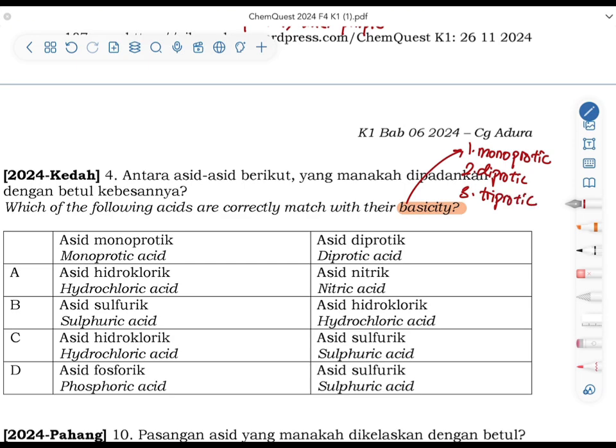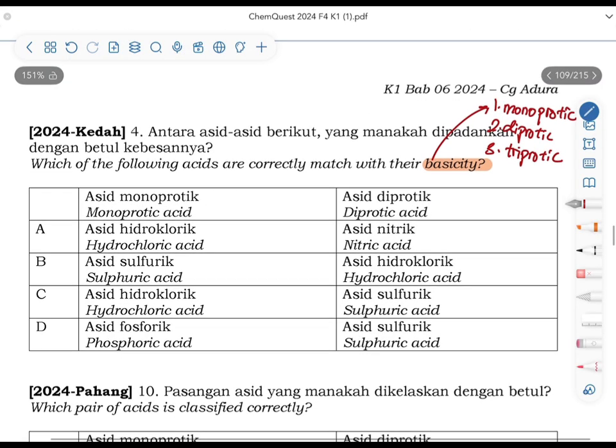Monoprotic acid means that 1 mole of the acid will produce 1 mole of hydrogen ions when it dissolves in water. The same goes for diprotic acid, which produces 2 moles of hydrogen ions when 1 mole of the acid dissolves in water. And lastly, triprotic acid will release 3 moles of hydrogen ions per 1 mole of the acid when it dissolves in water.